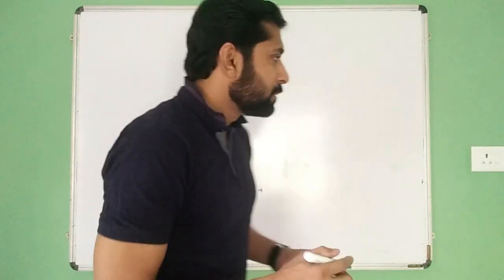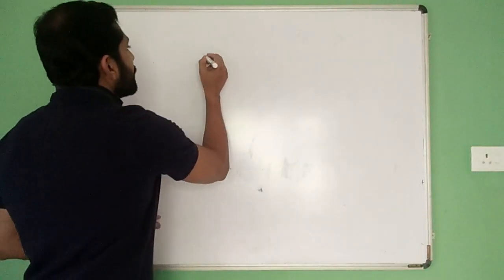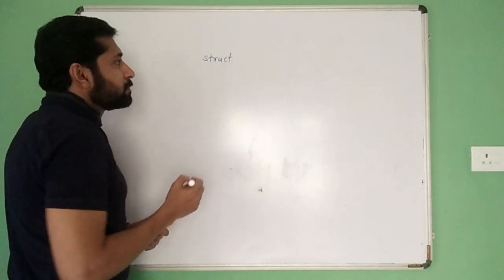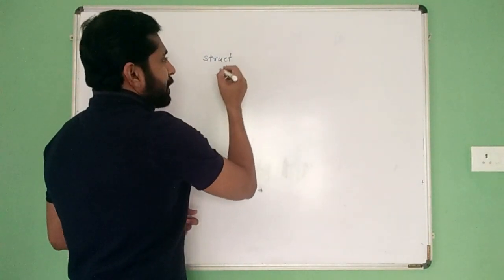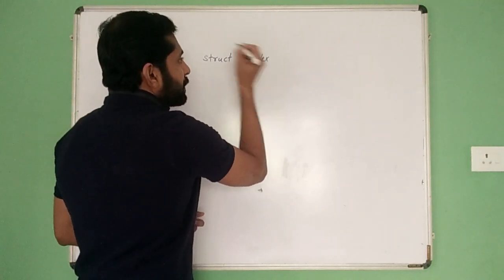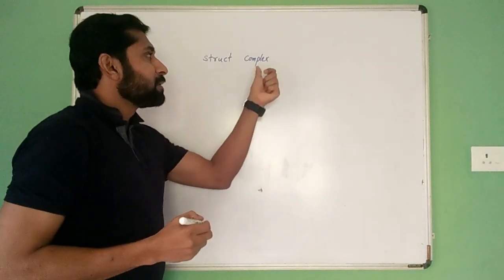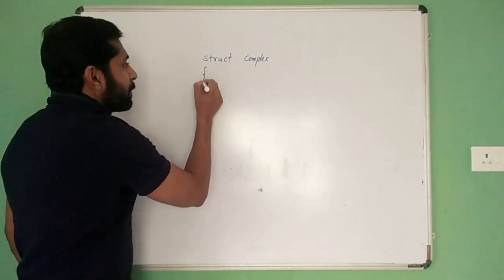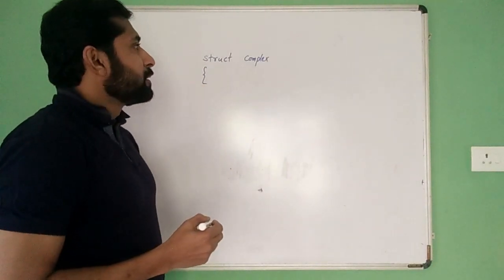For example, struct. Suppose we are representing a complex number. The name of the structure is complex. Then opening the curly braces.